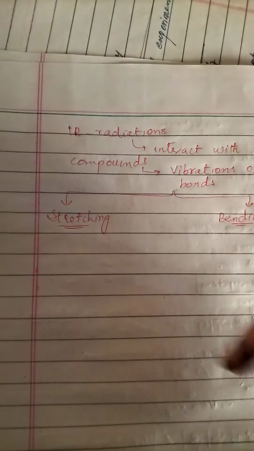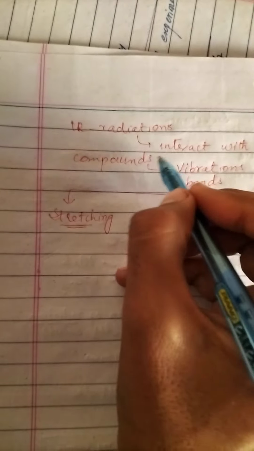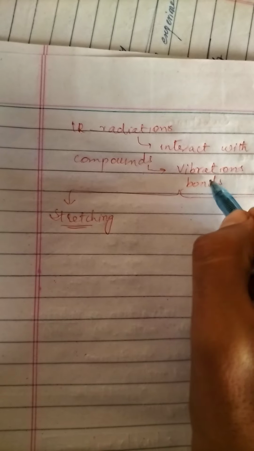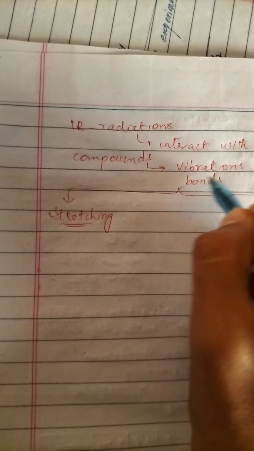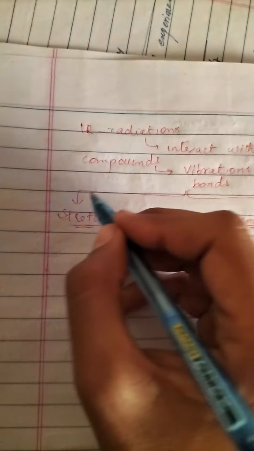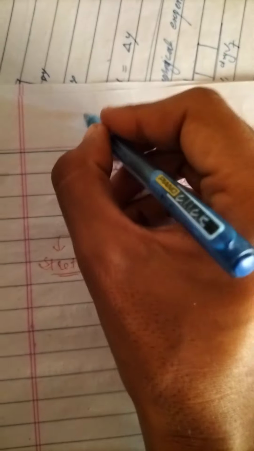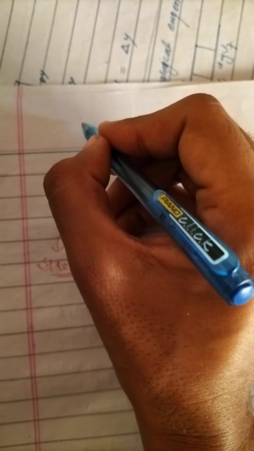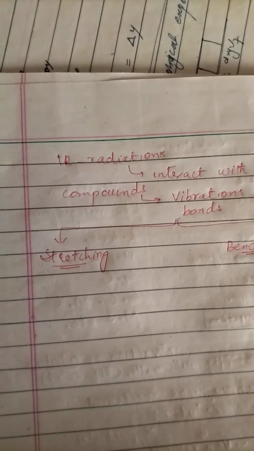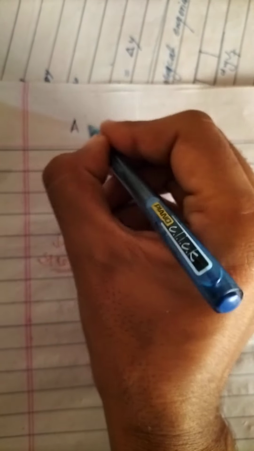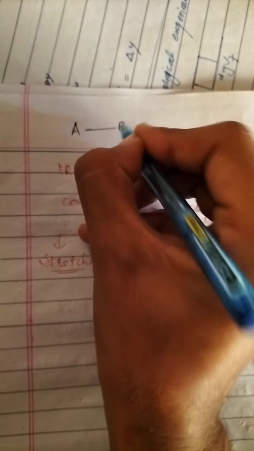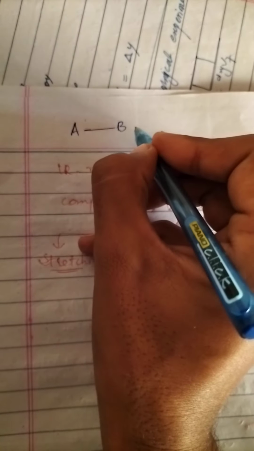What are the compounds that give the vibrations in bonds between the atoms? Those compounds which have some dipole due to the electronegativity difference. Consider here a simple molecule which consists of A and B atoms.